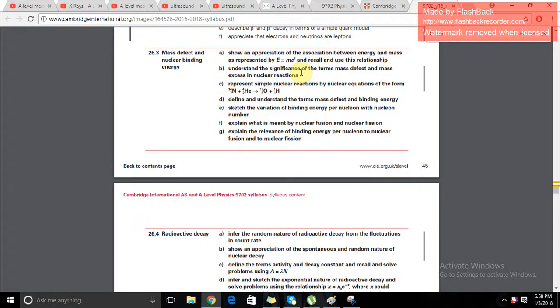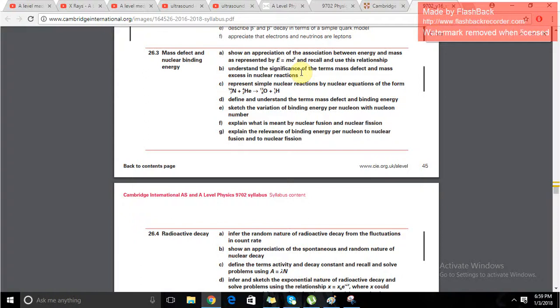is formally defined as a difference in mass between the mass of a particular nuclide and the mass of all of its separate individual nucleons.